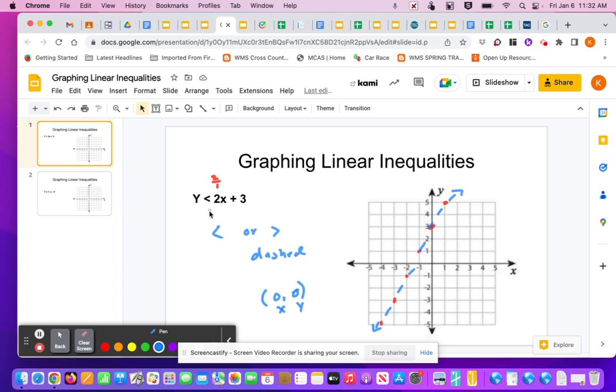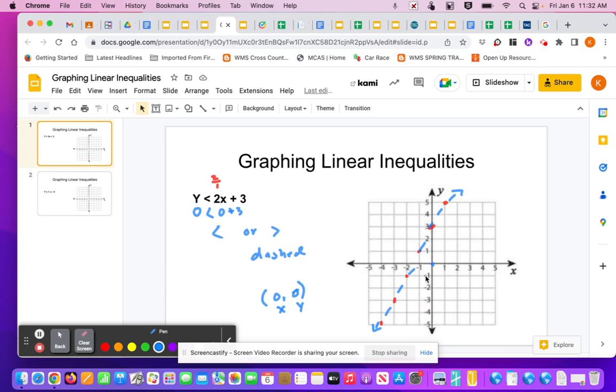So if I do that, y is 0. Is that going to be less than 2 times 0, which is 0, plus 3? Well, yes, 0 is less than 3. Because of that, that tells us that the point 0, 0 right here is also a solution to this inequality.